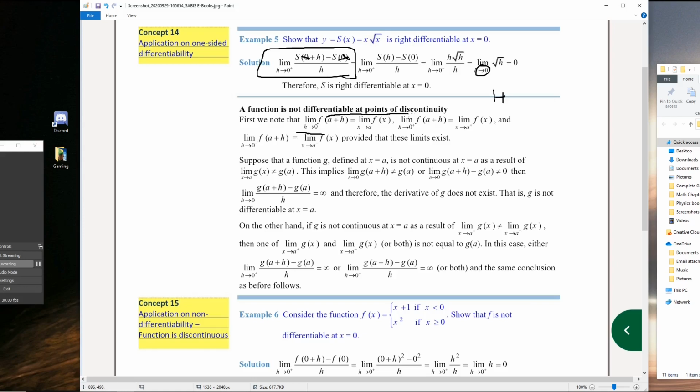Non-differentiable at points of discontinuity. Why? Because they're just showing that... I mean, you can read this on your own, to be honest. Explaining it might help, but it's just that they're comparing, for example, the limit of the right hand to the limit of the left hand, the differentiability of one on the other, just like how they proved in the other section.